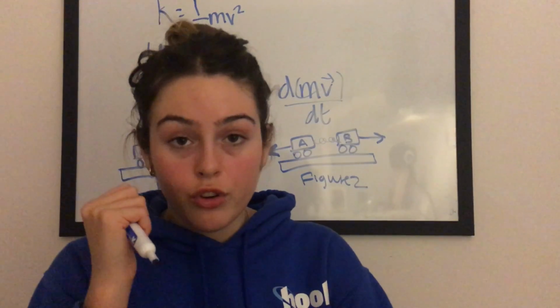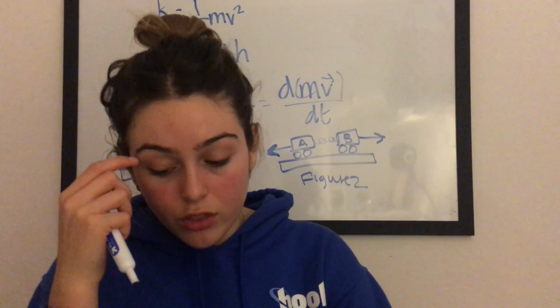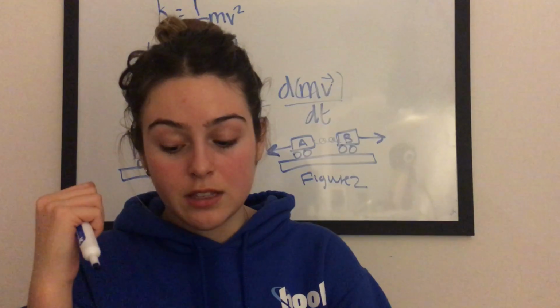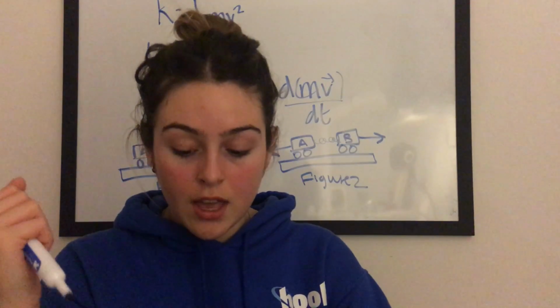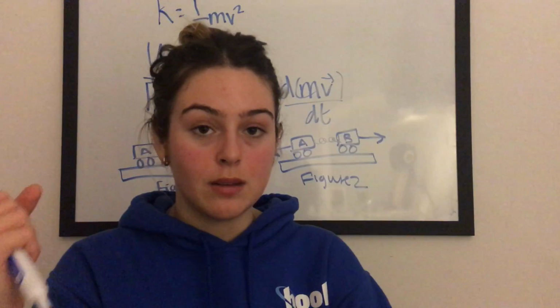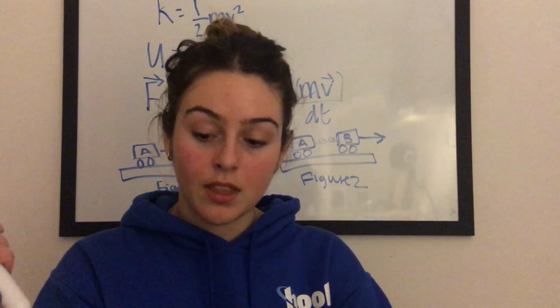Then we're going to go ahead and look at the magnitude of momentum. We know that there is no external force acting on the two-cart system, so the total momentum of the system should be conserved, and hence the magnitude of the net momentum of the system will stay the same.